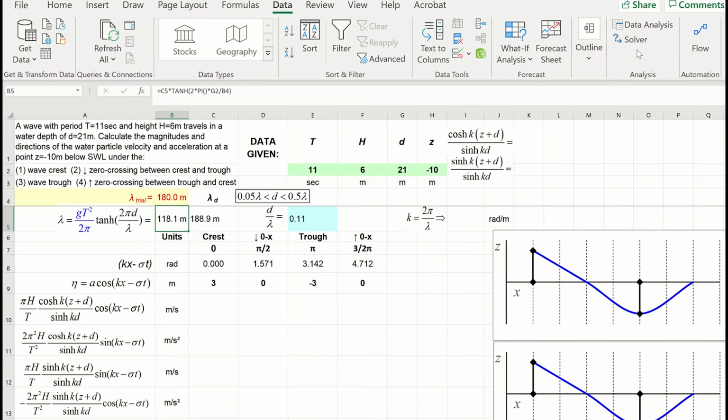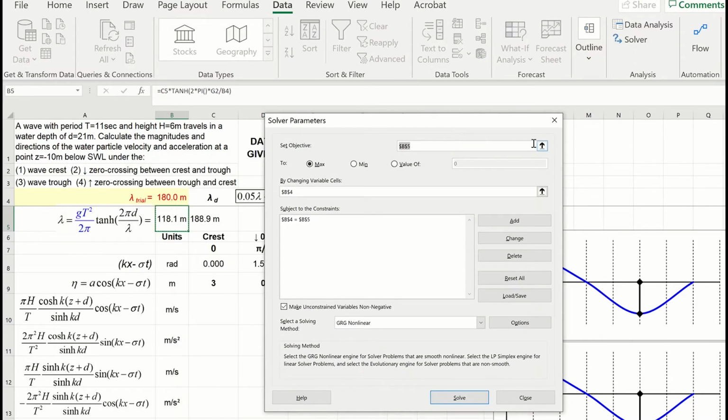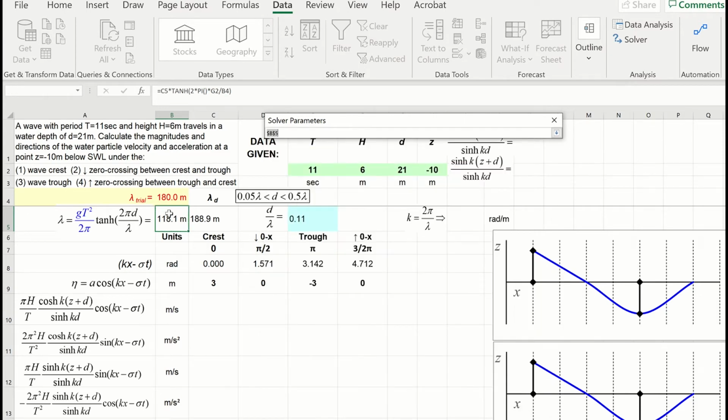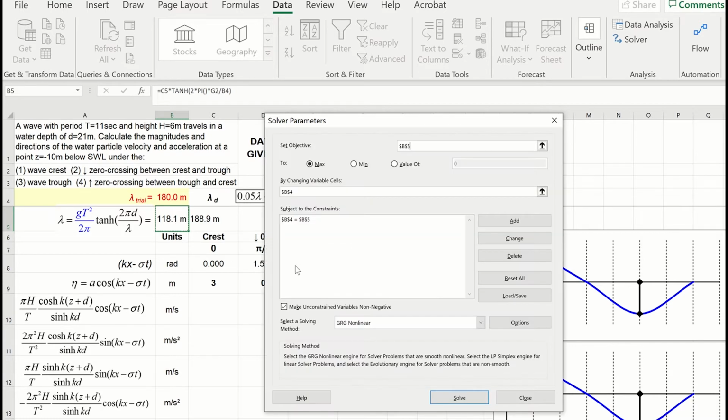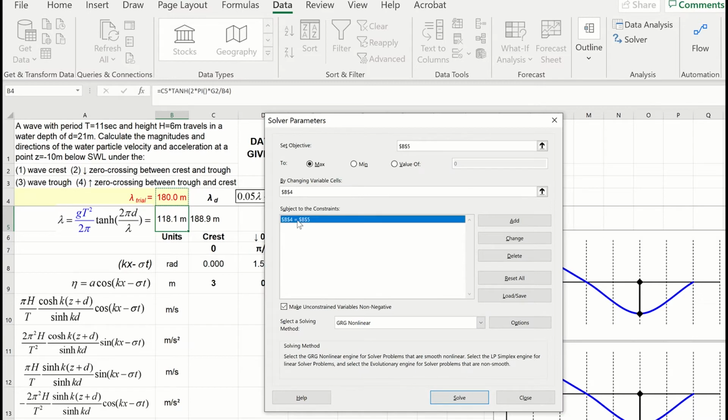So to calculate this, I go to solver and I set my objective, which is my formula where I calculate the wavelength, which would be cell B5. And by changing the cell value, which is my trial value, which is B4, and I need to put my conditions.